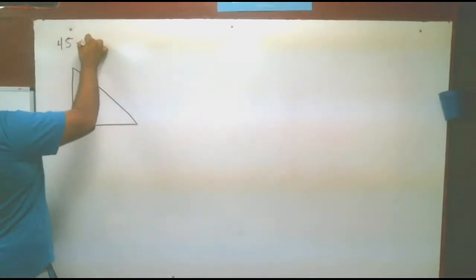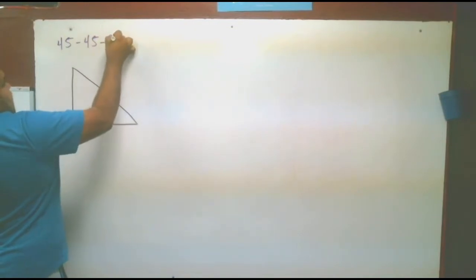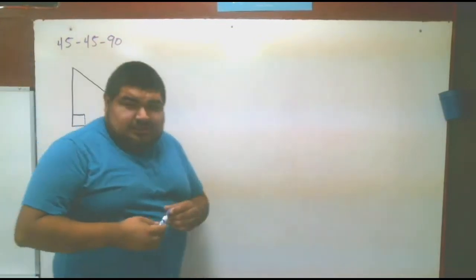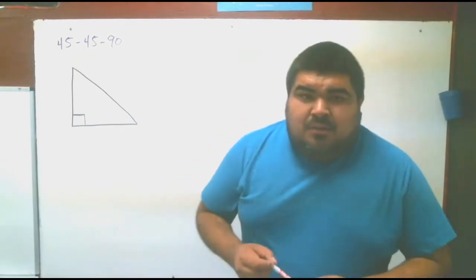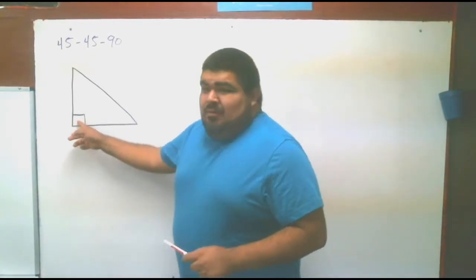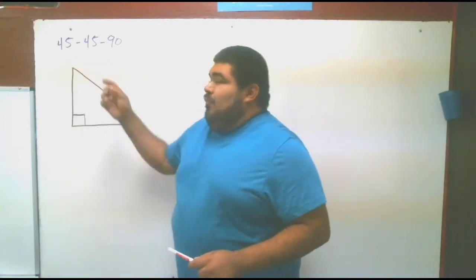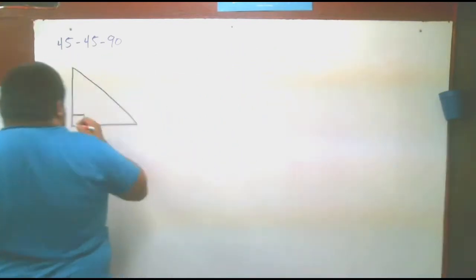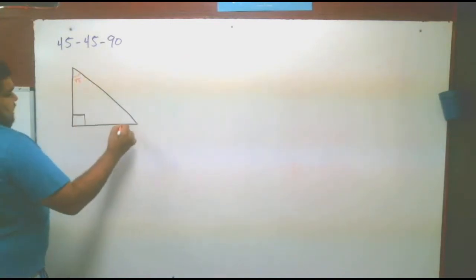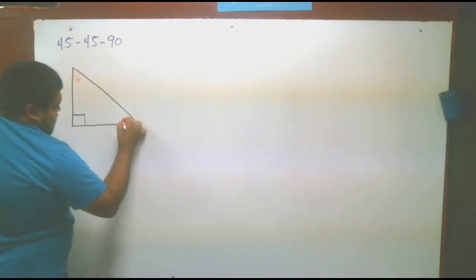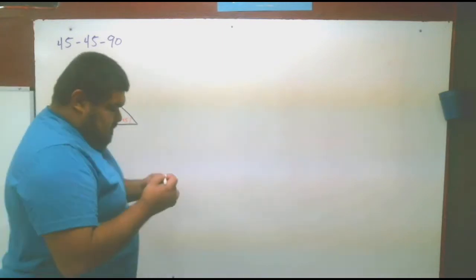The reason it's a 45, 45, 90 is because we have a 90-degree angle and then we have two 45s. So the angles are 45 degrees, 45 degrees.